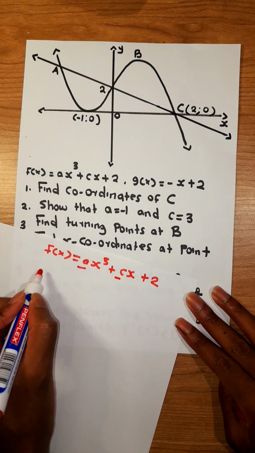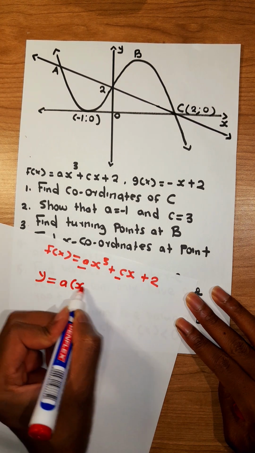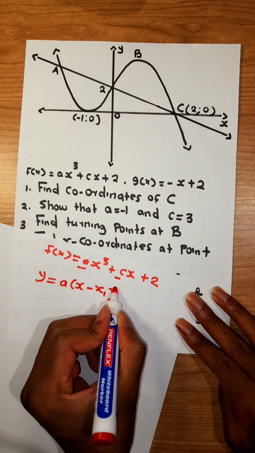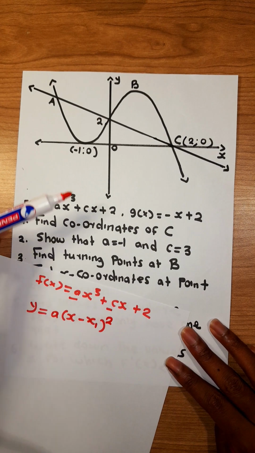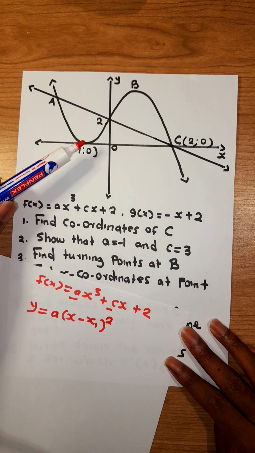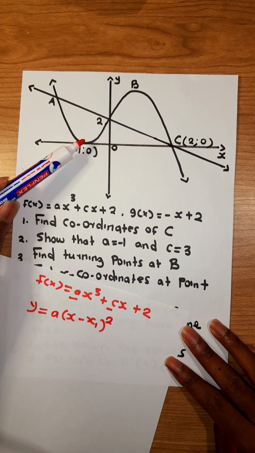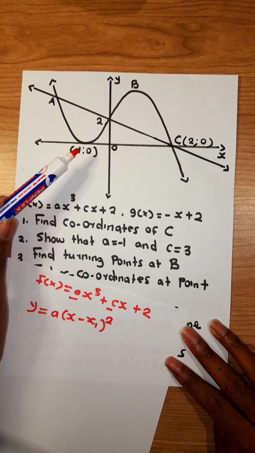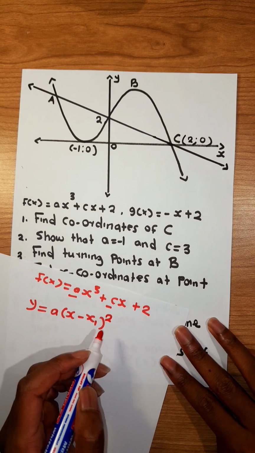Well, you're going to use this equation: y = a(x - x1) squared times (x - x2). Why do we square this first bracket? Because if you check, we have an x-intercept and a turning point at this point. So -1 is the x-intercept of the cubic function, and -1 is also the turning point, so we need to square it.